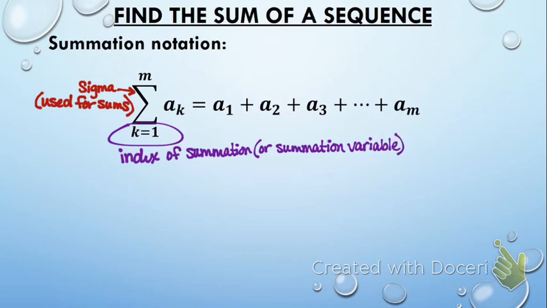They're giving you the first value to substitute into the rule that you've been given. Up on the top, this will be the largest value of the summation variable.